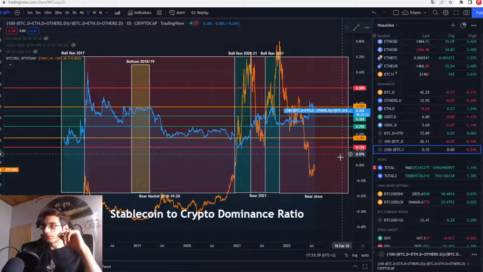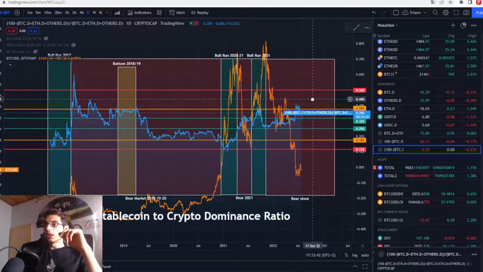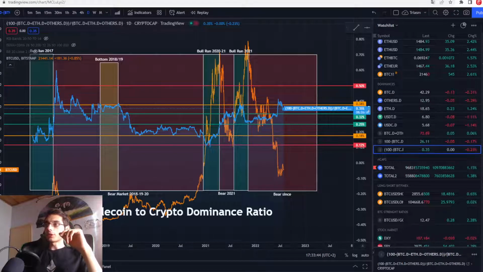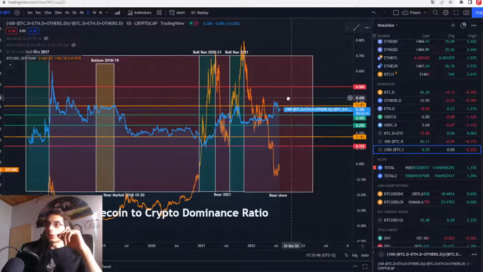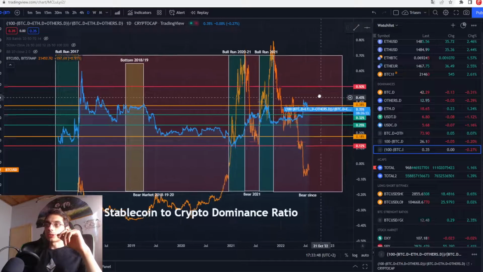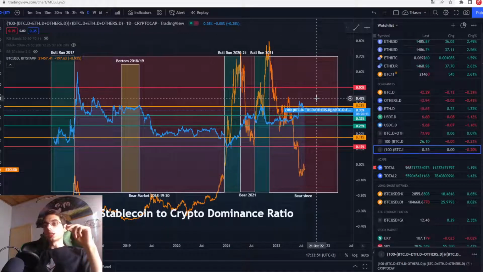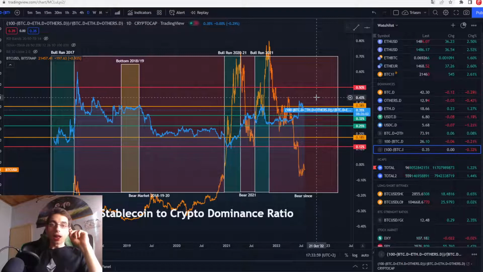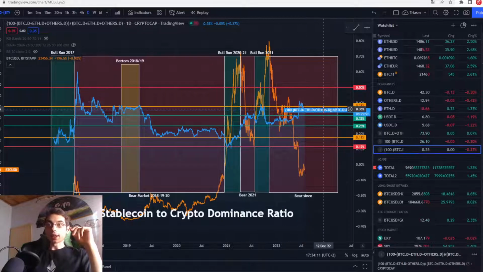So we are going to see here 0.45 as of today, and this means that the stablecoins have a strength, in comparison to the overall crypto asset dominance, of a third, more or less, just a little bit more in this case. And we are at high levels.